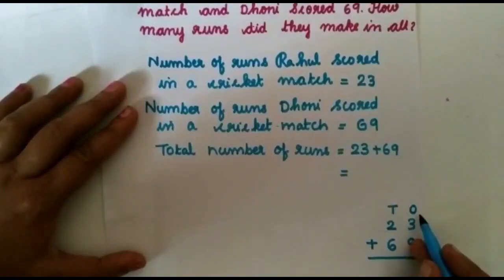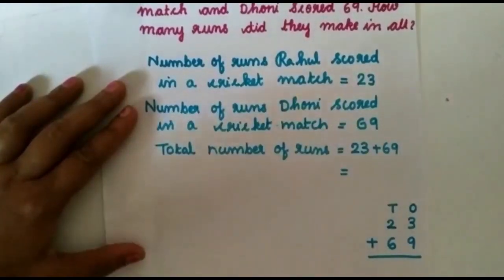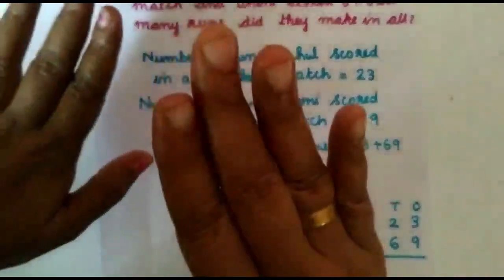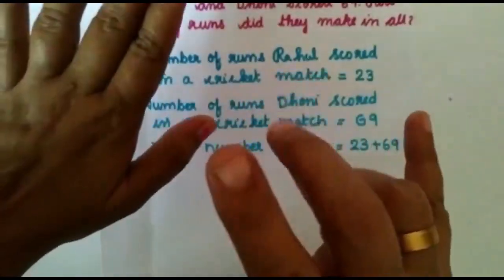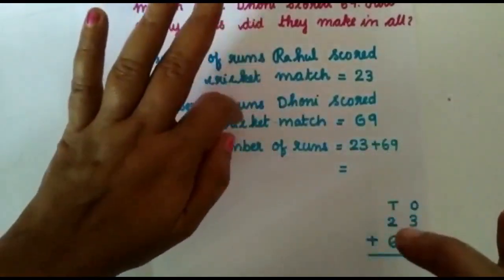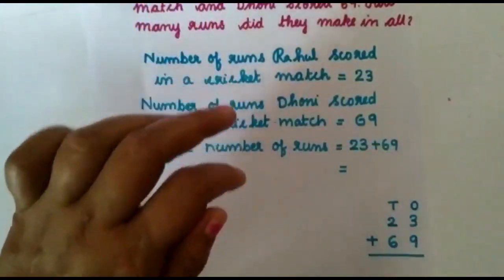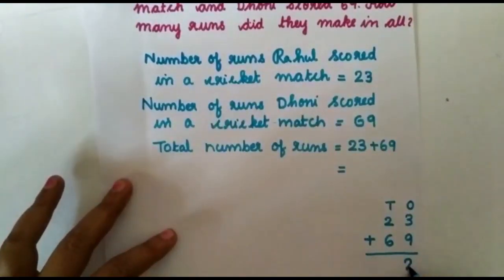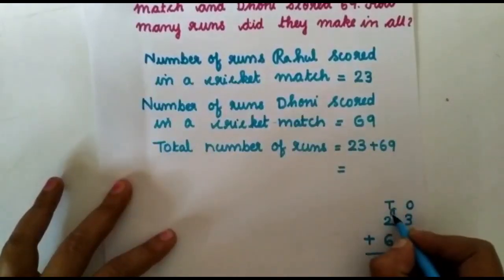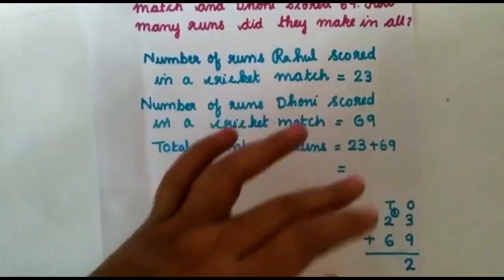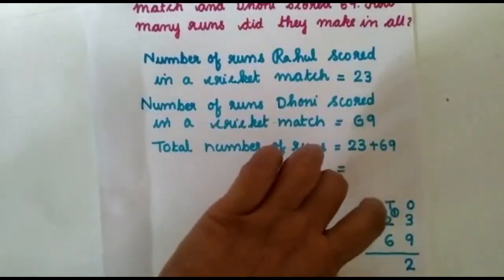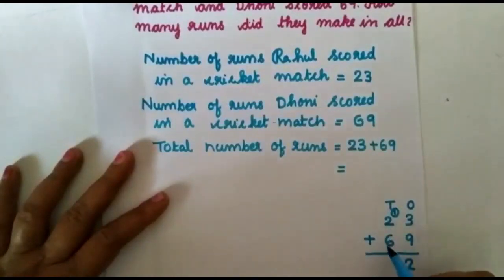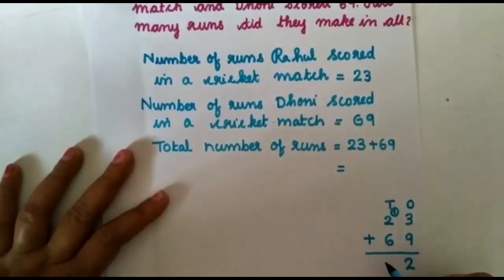3 plus 9: 3, after that 4, 5, 6, 7, 8, 9, 10, 11, 12. So 3 plus 9 is 12. 1 is carry over. Next we have to add the numbers in the tens place. That is 1 plus 2 plus 6. 1 plus 2 is 3.